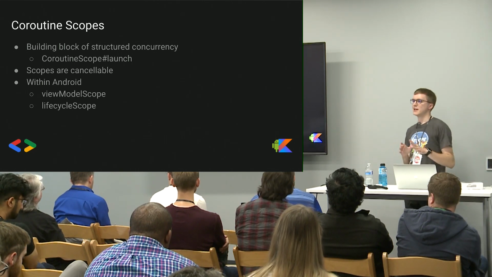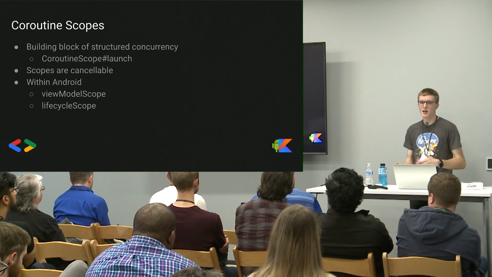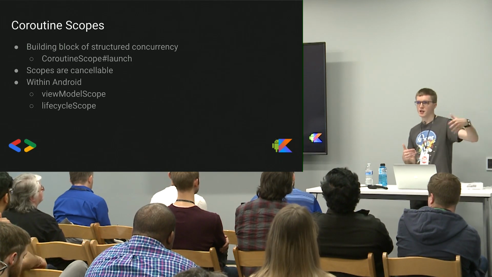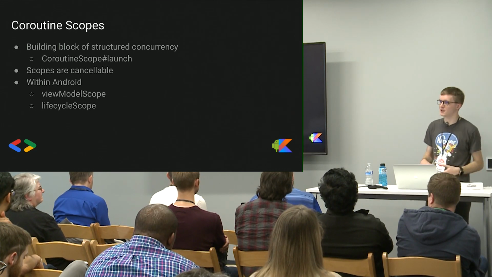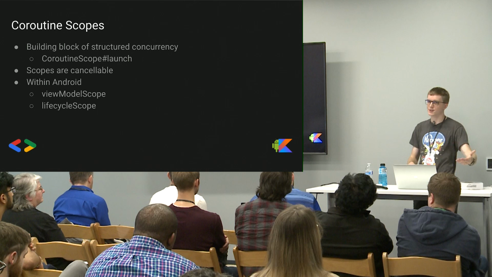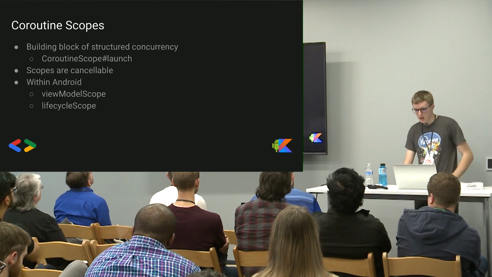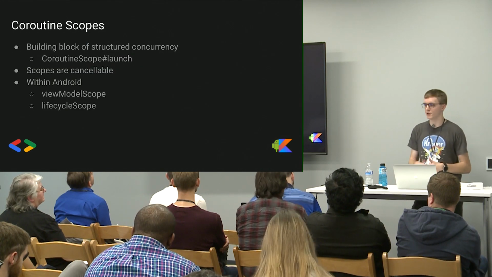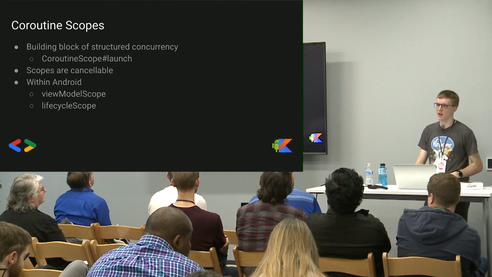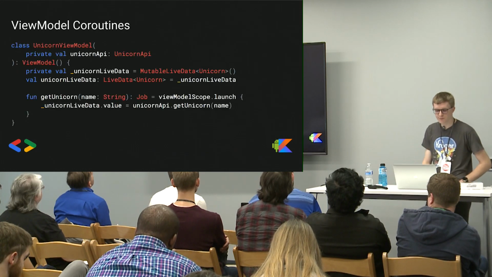And there are ways to manage your own coroutine scopes, like a repo within your data layer might have its own scope, because if you're going to send off an insert call into your database, you may not necessarily want to cancel that when your view model ends. You want that to still continue on. But it helps a lot with preventing the leaking of coroutines and resources, which was obviously a struggle with AsyncTask.